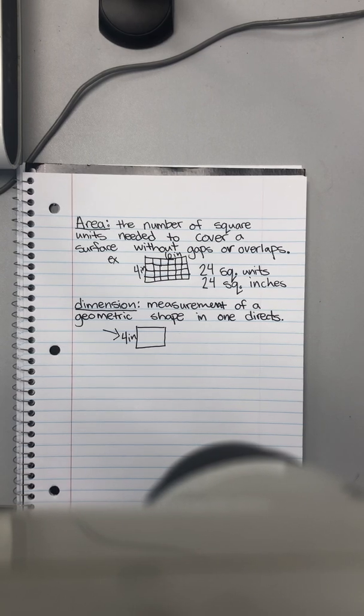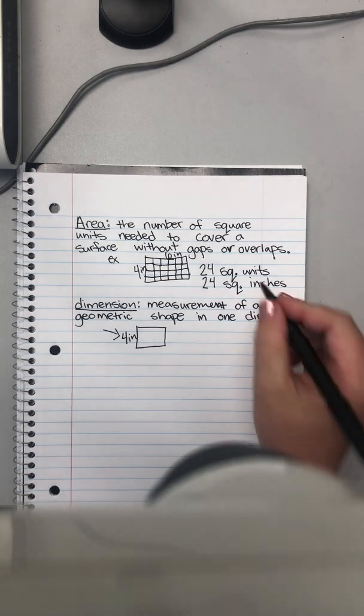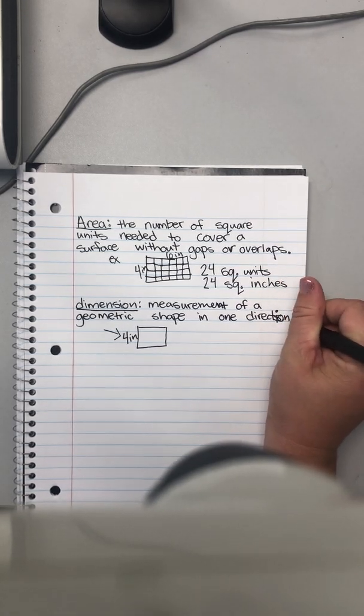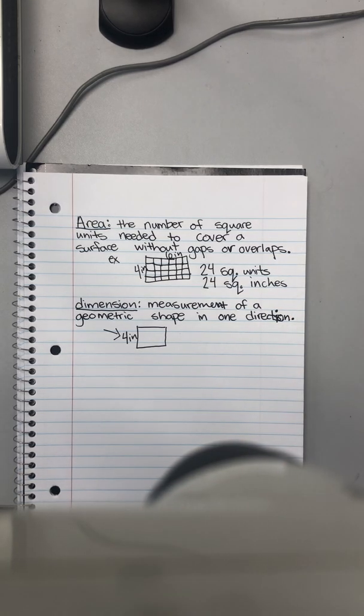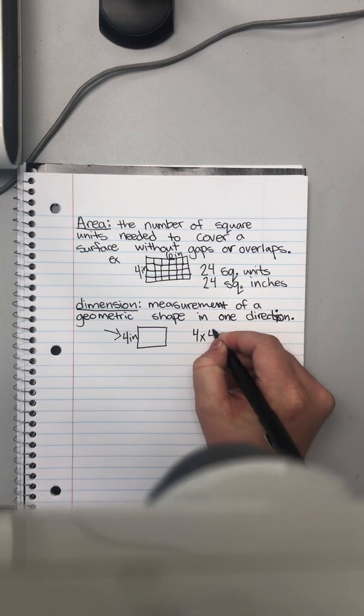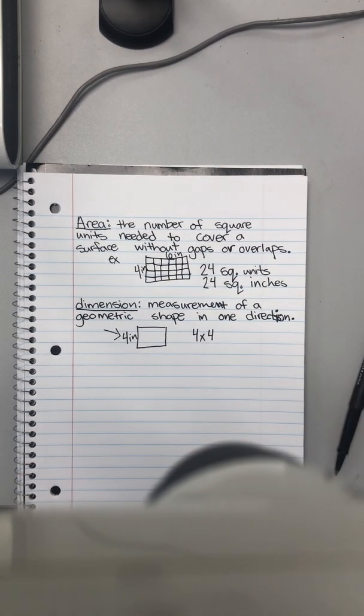It's the measurement of one direction. It is a 4 by 4. That's a dimension.